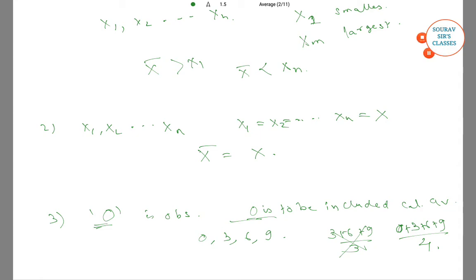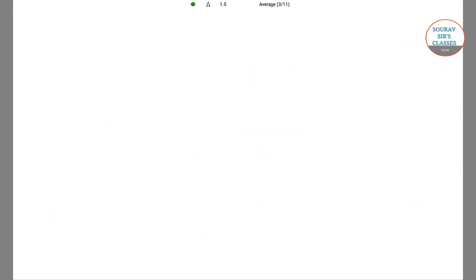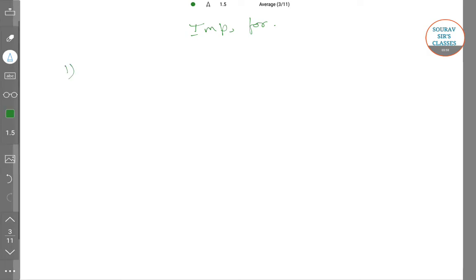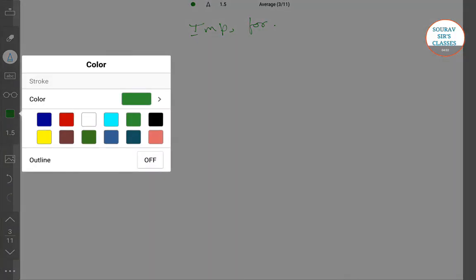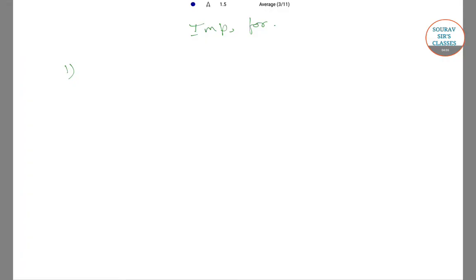So if you are doing an average where 0 is one of the observations, make sure that you include it while calculating the average. Now I will tell you some important formulas regarding average that will help you to solve the problems of average faster. The first one is that the average of first n natural numbers is given by n plus 1 by 2.